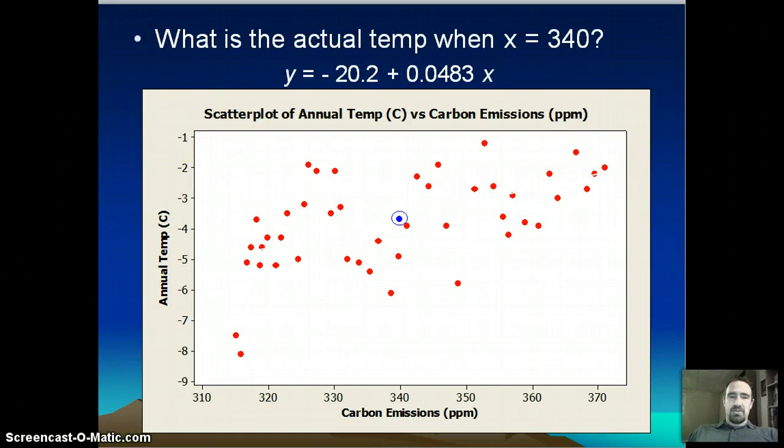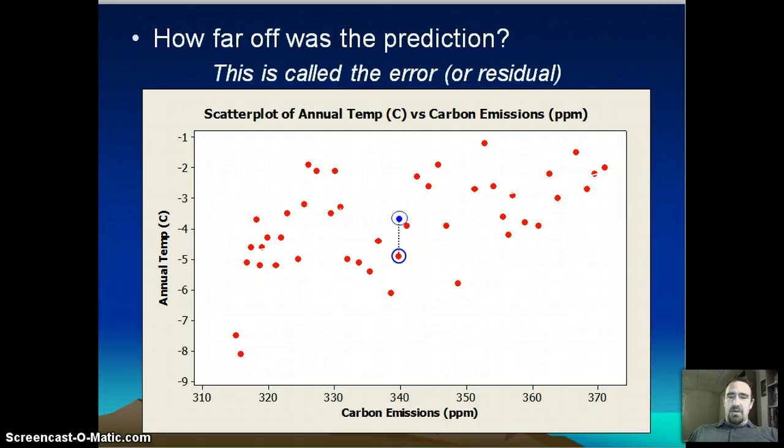Now, how does that compare to the actual piece of data in the data set? What's the actual temperature? There's the actual temperature, circled here. The actual temperature was lower than our prediction. So we have an error. It's off from what the actual data was. How far off is it? This little distance here, that's called the error or the residual. We can see it's about 1.5 degrees, right?